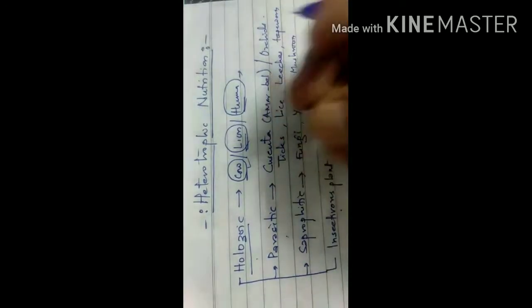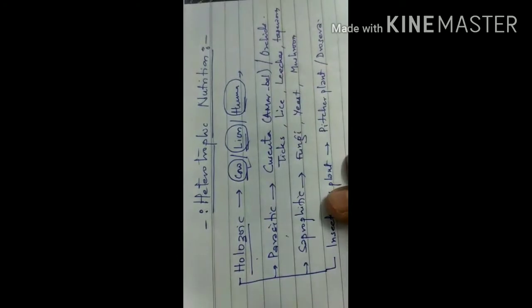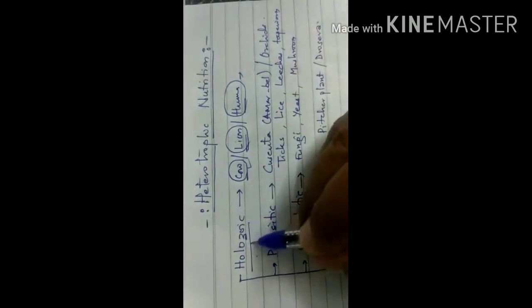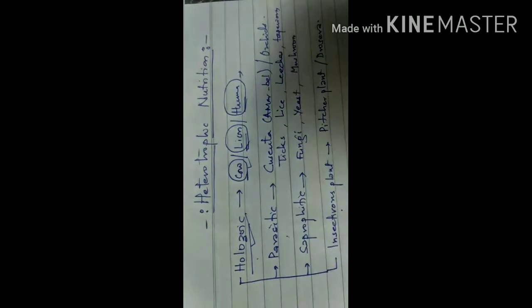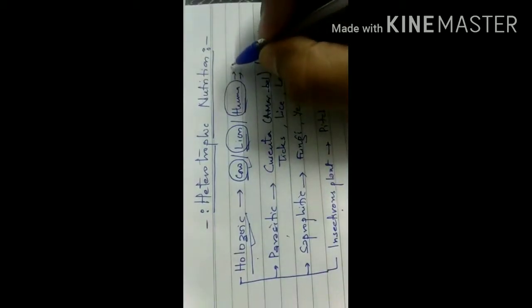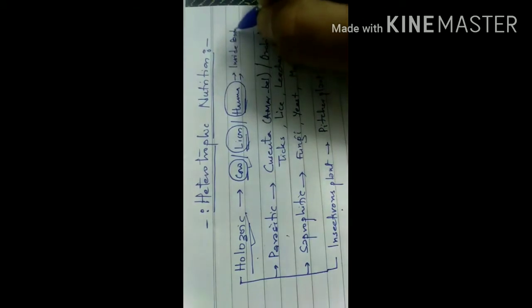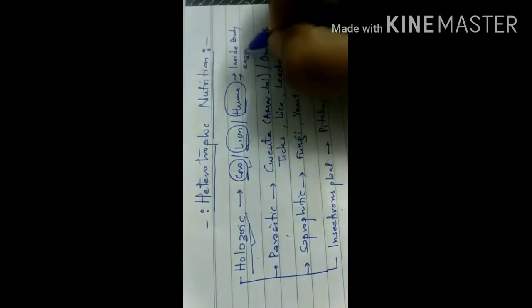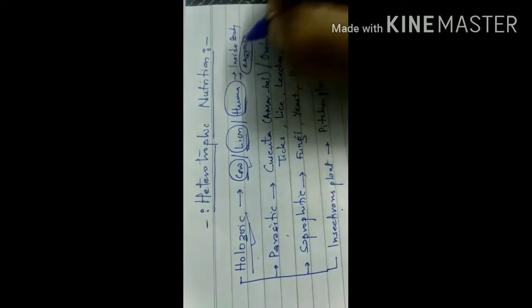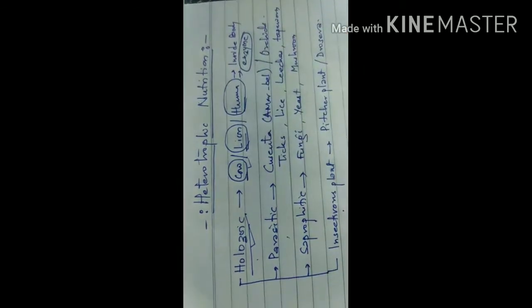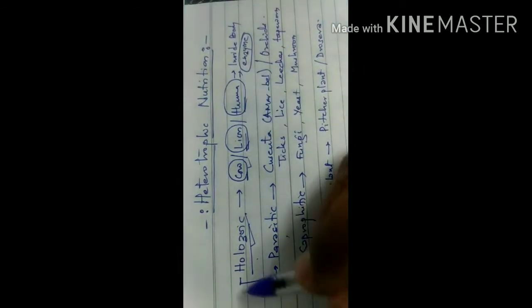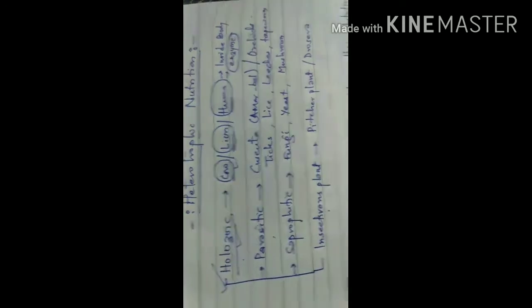Such a type of nutrition, whether the food is solid or in liquid form, is known as the holozoic mode of nutrition, and the process of digestion takes place inside the body with the help of enzymes and by the breakdown of the food molecules into the simplest form. So this is how we can identify the holozoic mode of nutrition.